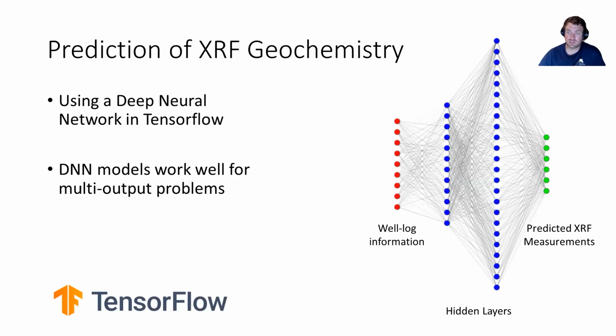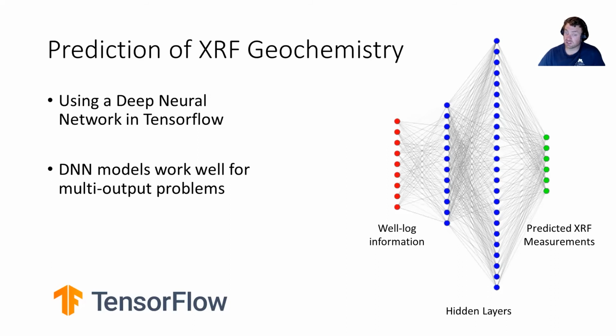Why you would want to use a neural network is shown here on the right-hand side in a diagram. If you think about the XRF measurements, they all sort of depend on each other. If you have high silica, for instance, you probably have low carbonate, and vice versa. So the prediction of one element aids the prediction of another.